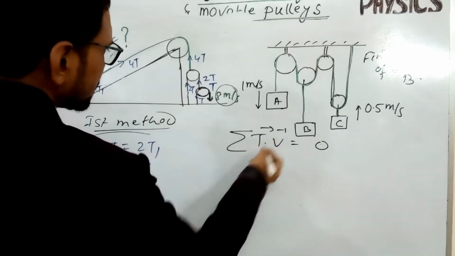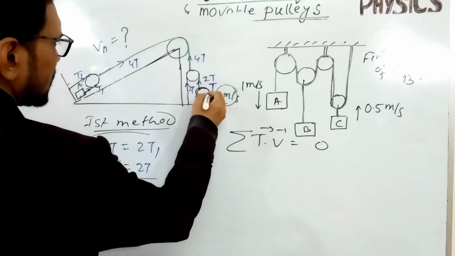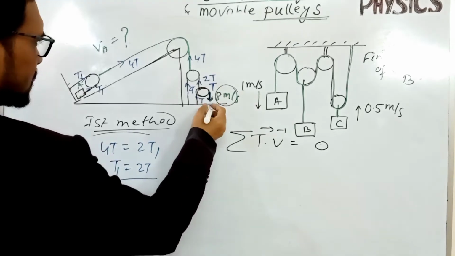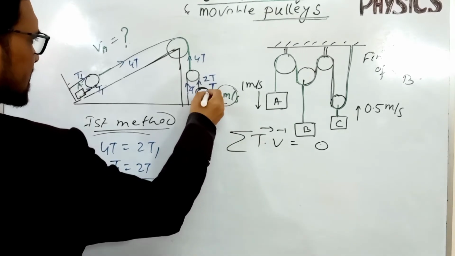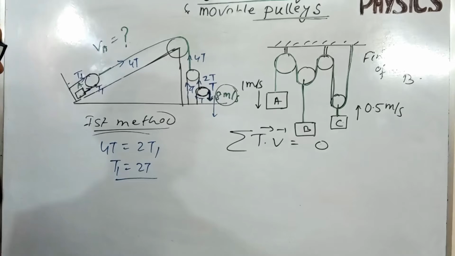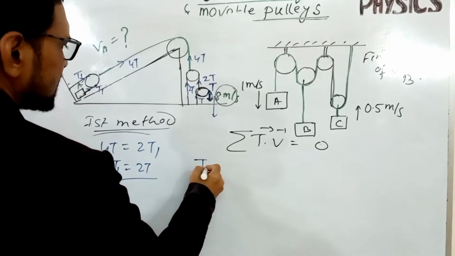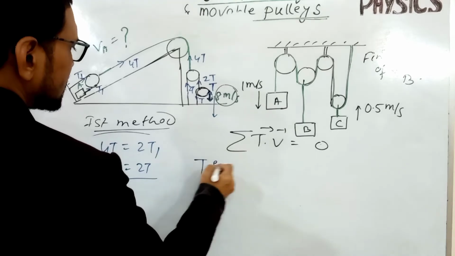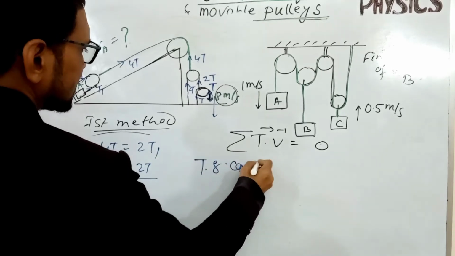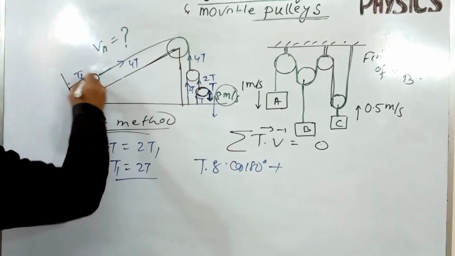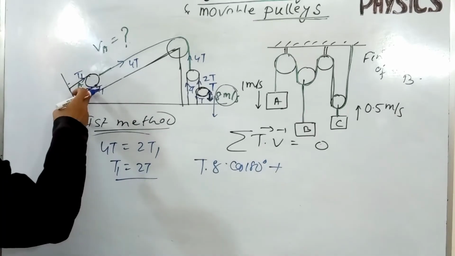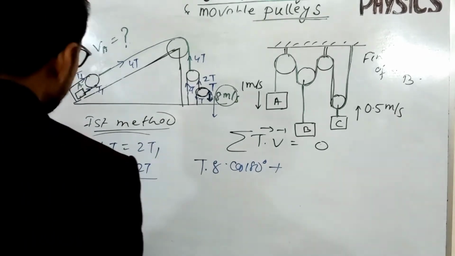Now if we apply this formula, that is 8. Here velocity is in this direction and tension is upward, so pull upward. So T1 T into V into cos 180 plus here this block. Now this block moves with tension T1.